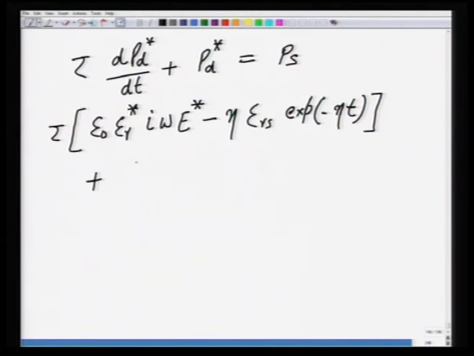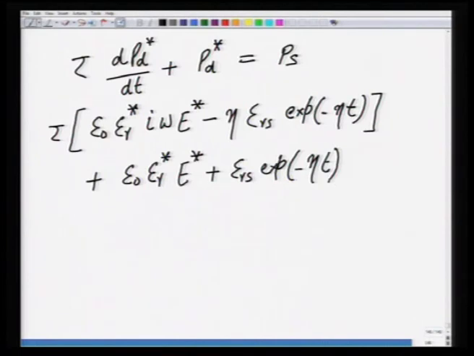So, that we put as epsilon naught epsilon_r star into E star plus epsilon_rs exponential of minus eta t, that is equal to epsilon_rs minus epsilon_r infinity multiplied by epsilon naught E star. So, this is the complex equation that you get.